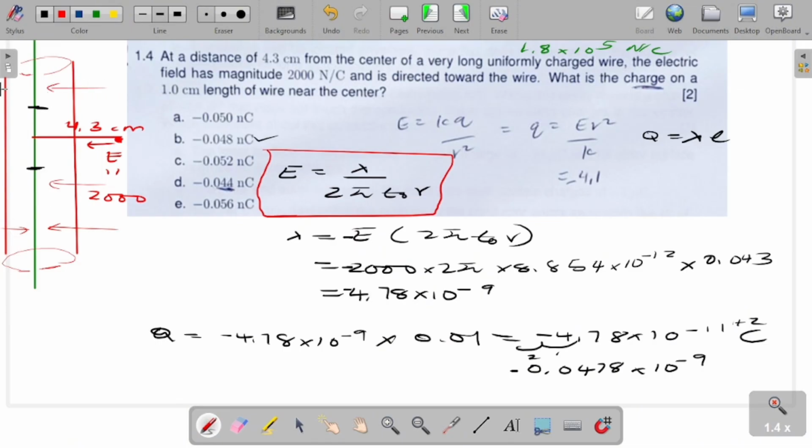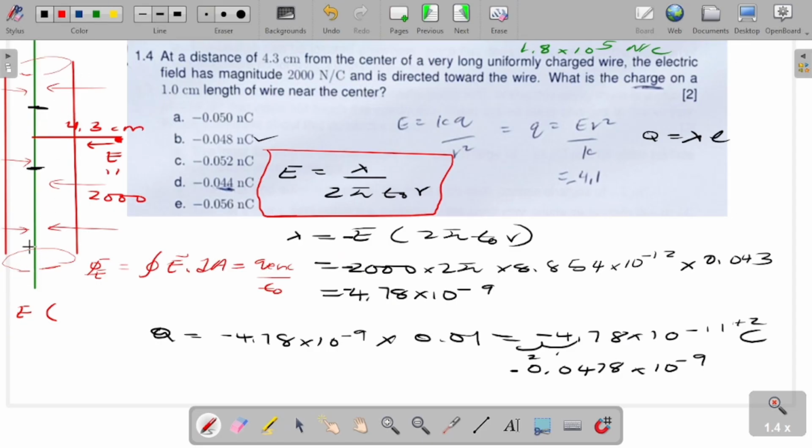Now after enclosing it, we realize that there will be some flux into our cylinder, and that flux can be calculated using Gauss's law as the flux of the electric field equal to the closed surface integral of E dot dA, which is also equal to charge enclosed over epsilon naught. Now, if we integrate, the area that we are going to have is the area of the body of the cylinder.